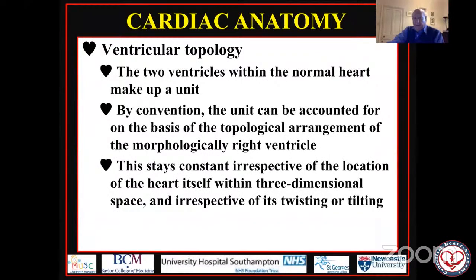And again, for emphasis, the topologic arrangement of that right ventricle will be constant irrespective of how we move it within three-dimensional space by twisting, by tilting, or by rotation, because we cannot mirror image the ventricle itself by twisting, tilting, or rotation.